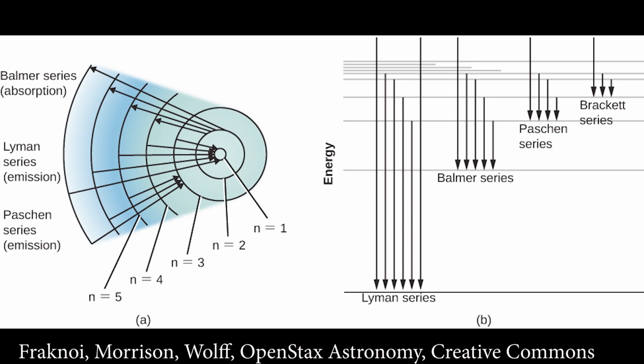So we don't need to worry about these series names. We don't really care. It's not that big a deal. This is kind of an astronomy thing. But what's important here, you talked about this ad nauseum in general chemistry with the hydrogen atom. You said, okay, there are these fundamental quantum levels, and if you give the right amount of energy that corresponds to one of these levels, then the electrons can jump up. They can get excited. They can move from a lower level, which we would call a ground state or a relaxed state, and that's where nature prefers to be.